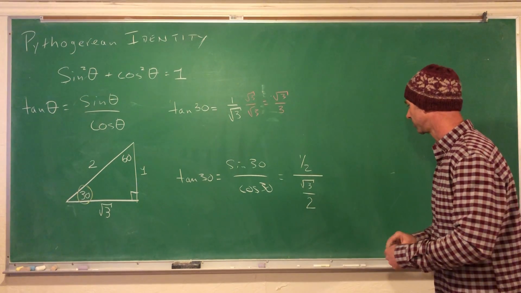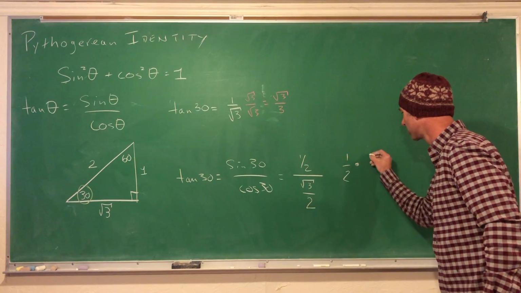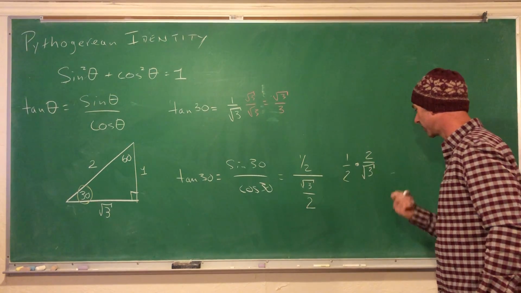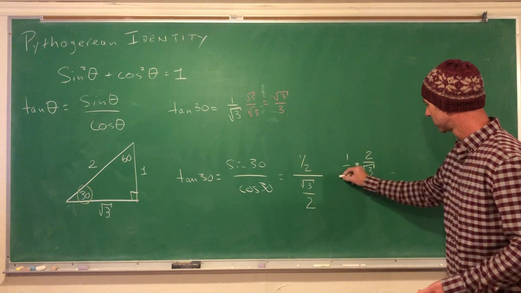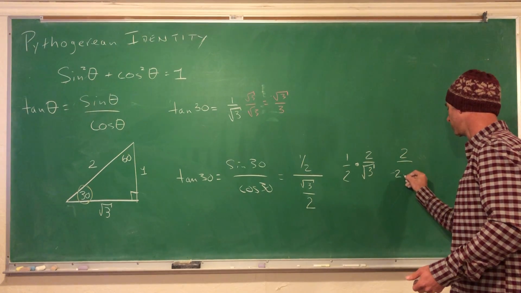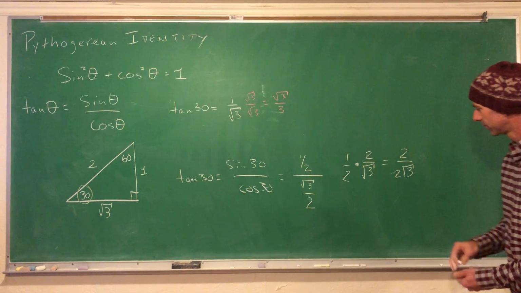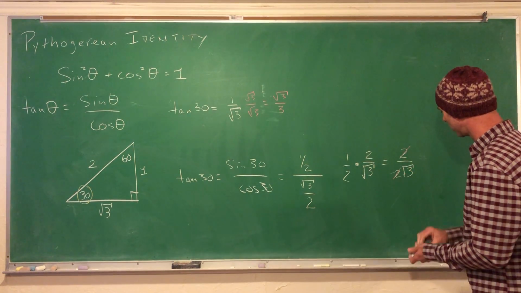So this is going to be 1/2 times 2 over square root of 3. We just multiply right across, and we get 2 over 2 root 3. 2 divided by 2 simplifies to 1.